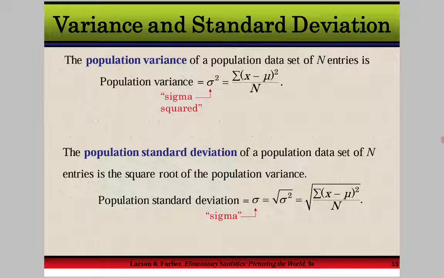So standard deviation sigma is equal to the square root of sigma squared, that is the square root of sigma of x minus mu whole square by capital N. So sigma is called the standard deviation, and sigma squared is the variance. Sigma squared is equal to sigma of x minus mu whole square by capital N.